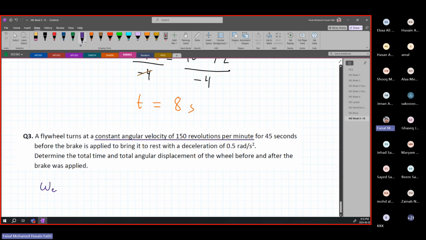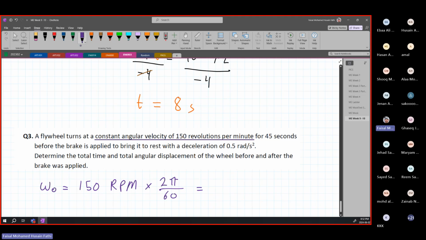So omega 0 is equal to 150 RPM. Before even moving on, my recommendation is convert this directly into radians per second. To do that, we need to multiply by 2 pi over 60.